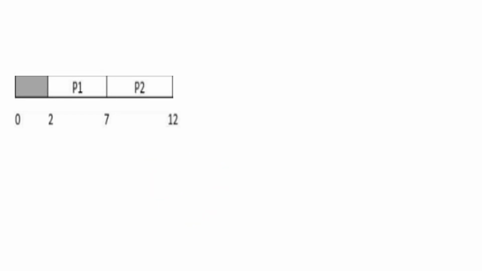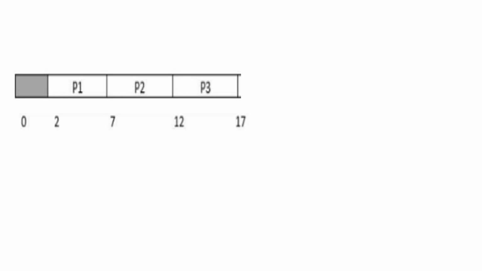P2 will execute its 5 milliseconds of work, and with the remaining work it will stand behind P1. Already P3 was there and behind that P1 was there, so it will stand behind P1. Next, P3 will execute 5 milliseconds of work and stand behind P2.